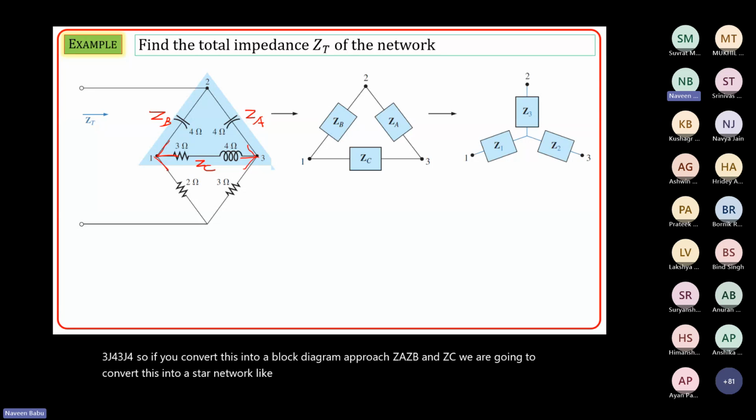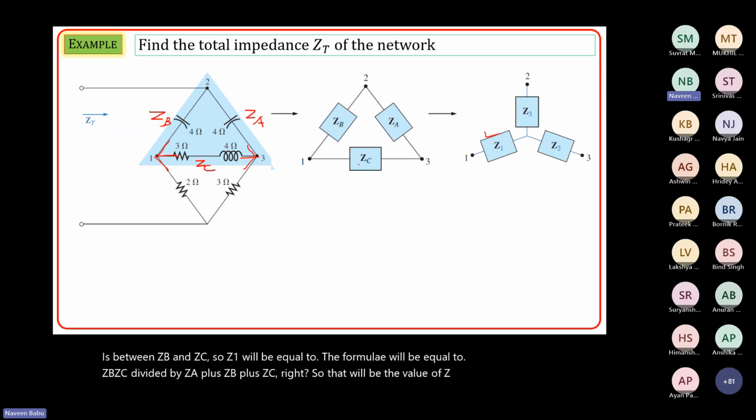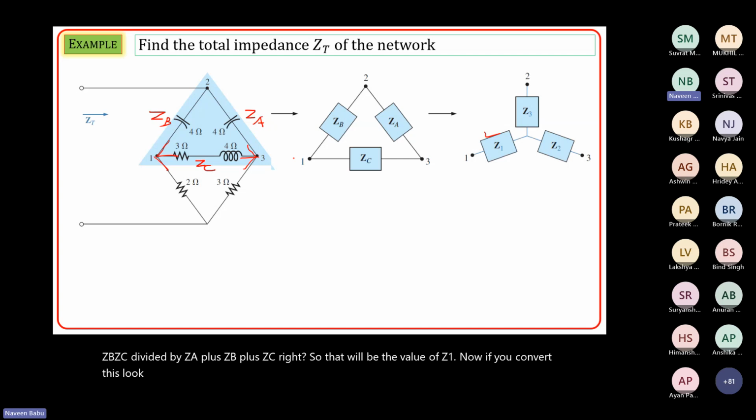So what will be the value of Z1, Z2 and Z3? Z1 is between ZB and ZC, so the formula will be Z1 equal to ZB ZC divided by ZA plus ZB plus ZC. Now, if you convert this, look at the terminals, which is very important. This is terminal 1.